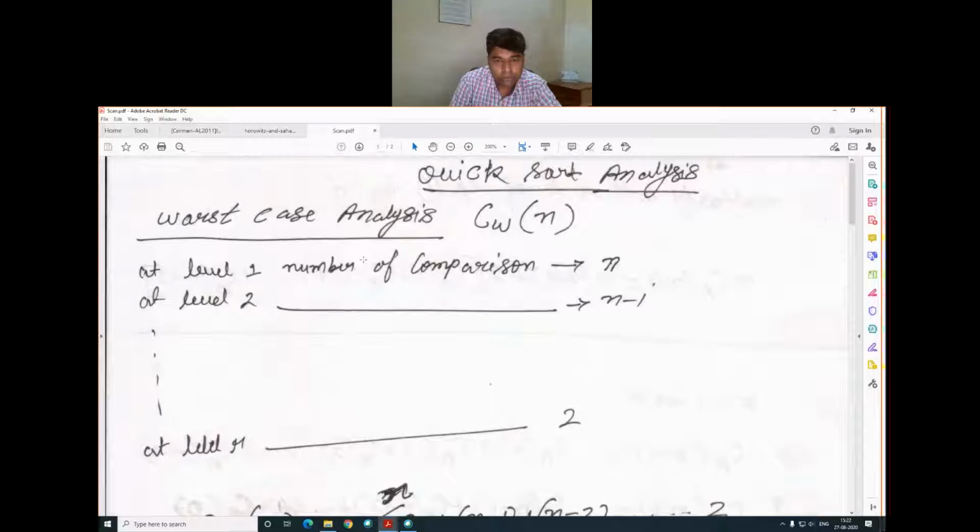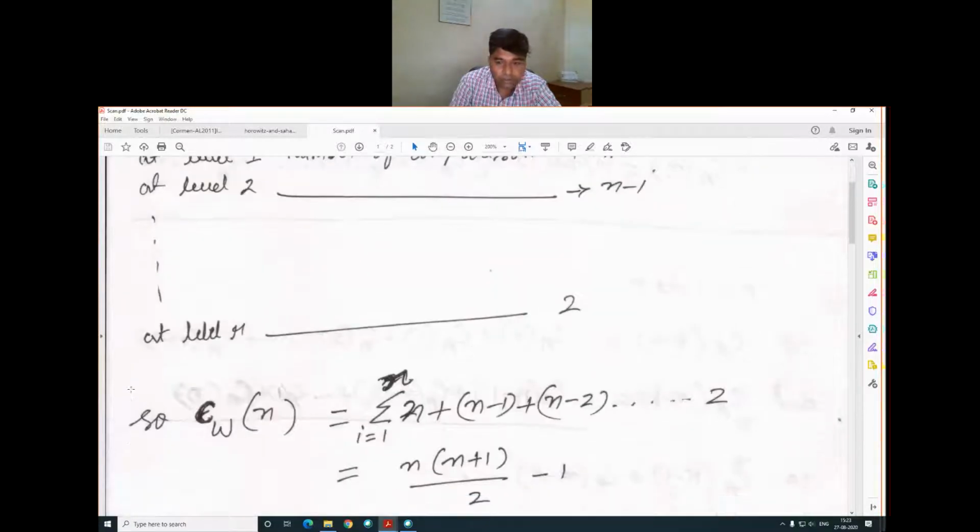This is a very easy mapping of our algorithm, a very simple example of mapping an algorithm in the form of a mathematical equation.